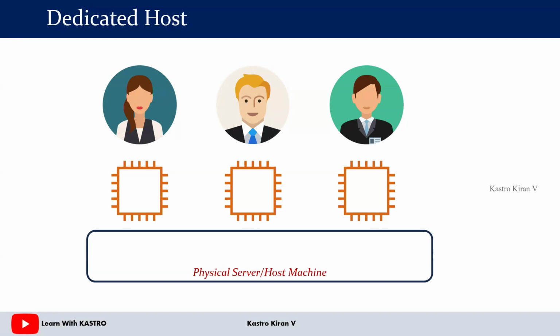you are working in an organization, or let's say we have a company called IBM. Now, IBM doesn't want to use the shared host. Why? Let's say you have the shared host here, and all these three people are working for different organizations.